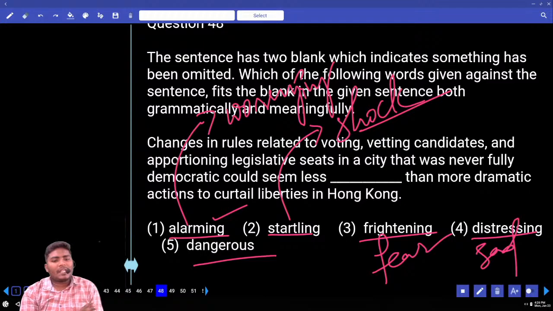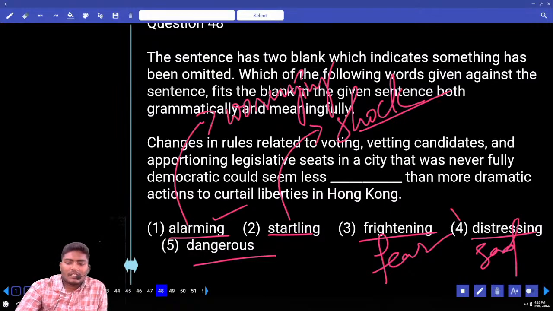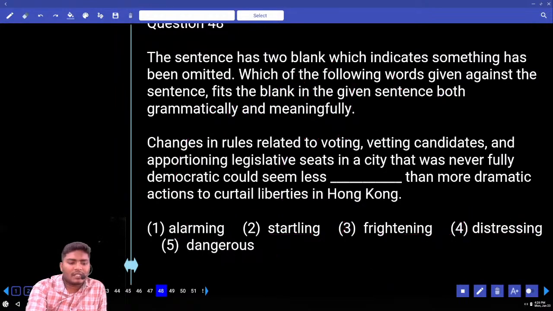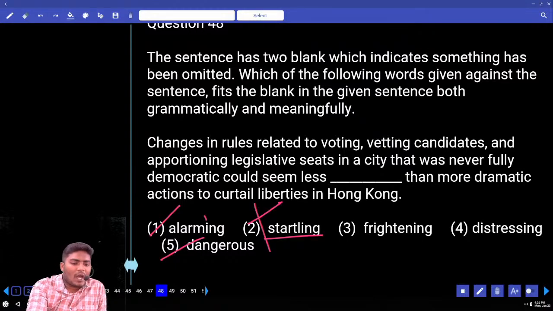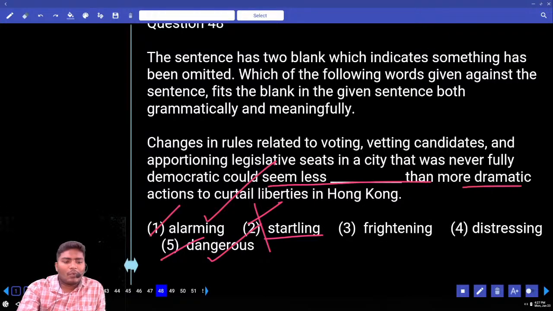Now, can you eliminate any two options which are not at all related to this one? Related to legislative seats or political matters? Look at this. Sad and fear. Both of them are not contextual. Your answer is 1, 2 or 3. Startling is anything that is very shocking, surprising and all. Positive cannot be used. Now alarming or dangerous. This could seem less dash than more dramatic actions.